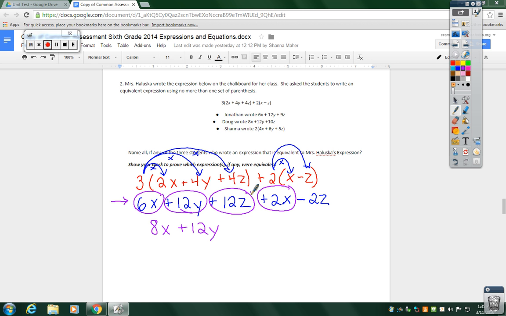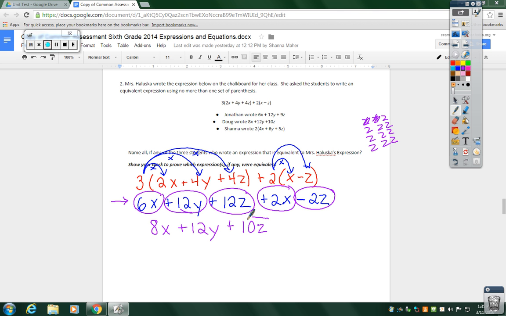Plus 12z minus 2z. I'm up 12z's, and I take 2 of them away, and I'm still up z's. I still have 10 of the z's left. Okay, so this is the answer I got.